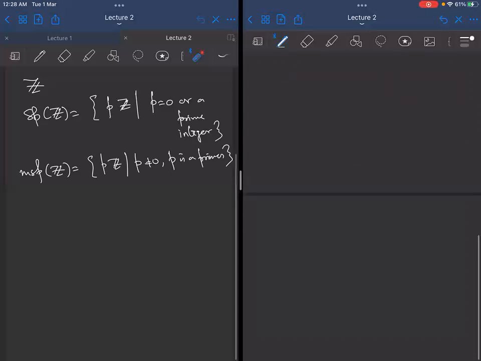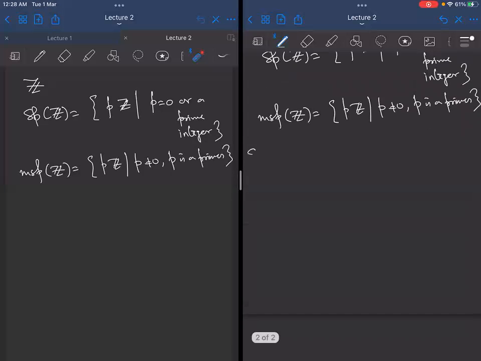This is not a discrete case. If you look into a PID, here is an exercise. So what is a PID? PID in its full form is called principal ideal domain. This is an integral domain where every ideal is principal. That is, every ideal is generated by a single element only.